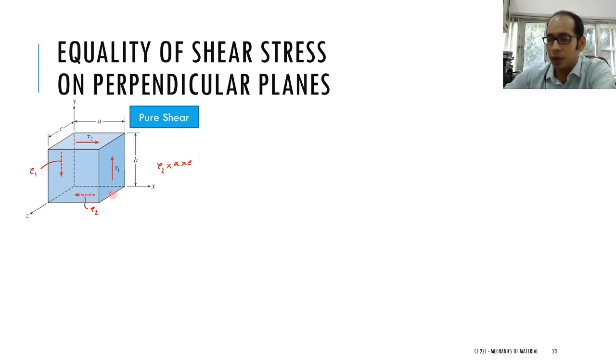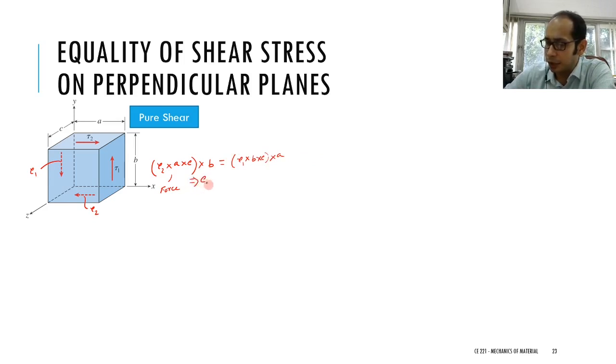So if I have to construct the couple, this is the force that is acting, times the distance B. This must be equal to tau 1 times, so the force acting on this particular face is tau 1 times B times C, and the distance between this face and the opposite face is A. So it must be equal to tau 1 times B times C times A. So you have this ABC over here that cancels out.